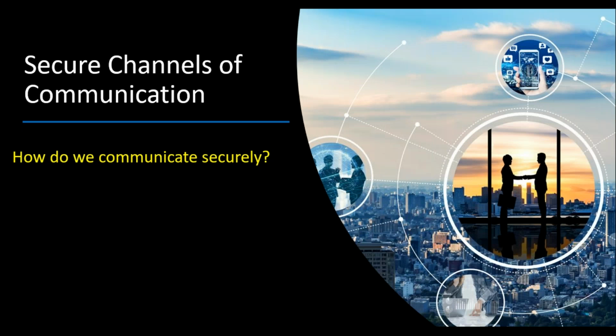Next, I want to pivot to channels of communication. Again, if everyone's in the same office, we're concerned about securing one local network and a pipe out, versus maybe 50 people working in their home offices using 50 different internet connections and wireless access points. How do we communicate securely? So first, sometimes we need to use things like VPN.